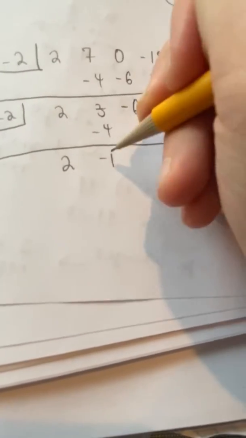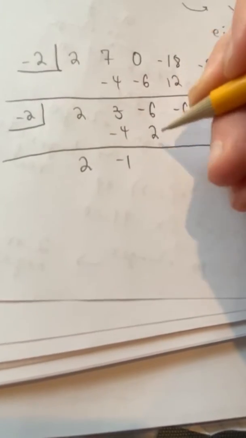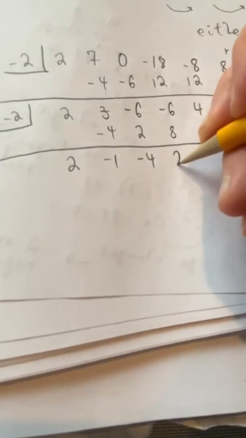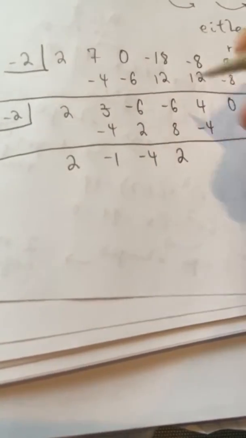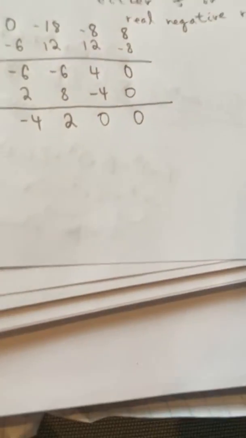We bring the 2 down. 2 times -2 again gives us -4. 3 minus 4, -1. So yeah, -2 is not only a root, it's a double root, because not only is our remainder 0, our second term here is also 0.